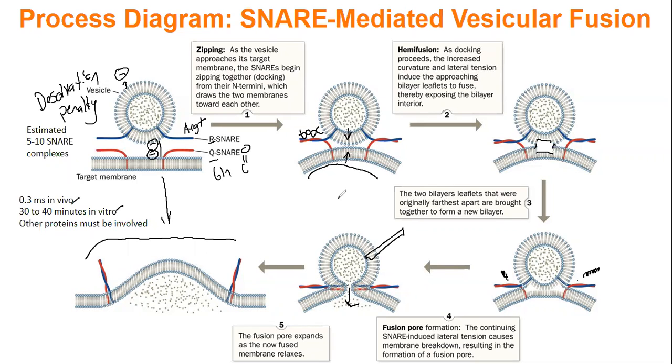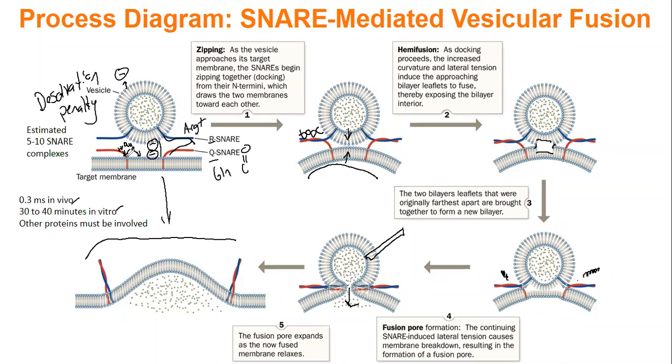If the outside is negative on both the vesicle and the membrane, how did the vesicle get close enough for the snares to interact? Because the snares are like little arms, right? And so the arms can reach out and make that first contact, because right here, when they're first making contact, you still have water in there, right? So water is going to be interacting. And so it's okay that they're this close because, basically, the reason why salt dissolves in water is because water is very good at screening charges.